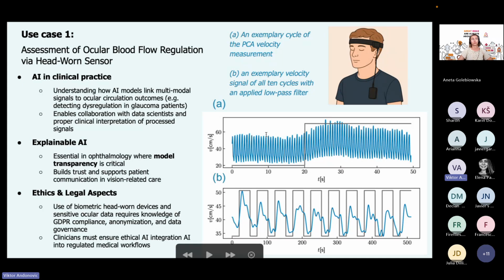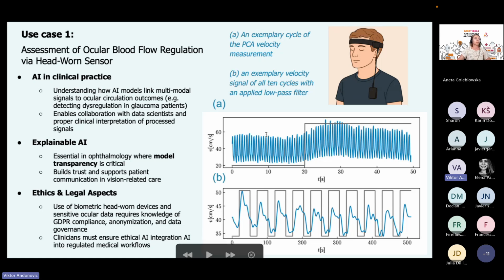So this experiment involves a head-worn sensor. And on the right side, we can see two images. One is a graphical one, which just shows how the sensor is placed. And on the bottom side, we see the signals which are gathered from the head-worn device, which generates the signals.